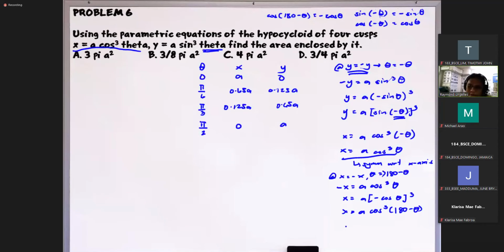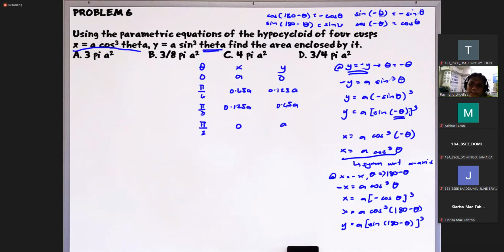Diba? So then solving for y, so y will be equal to a, so then sine of 180 minus theta, so then this quantity raised to the third power. Diba? So sa sine naman, pag ginamitan natin ito ng difference identity, sine 180 cosine theta minus cosine 180 sin theta. But again, sine 180 is 0, kaya matitira lang is yung negative cosine 180 sin theta. Cosine 180 is negative 1, so times negative 1 is positive 1.